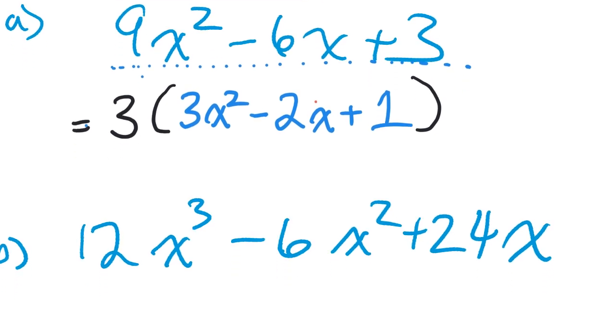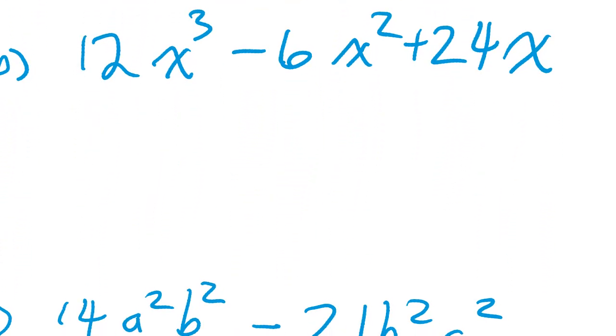Now let's move on to the next problem here. So this next problem is 12x cubed plus 6x squared plus 24x. The first thing we have to do is look at all 3 of these, and we're first going to look at the coefficients of 12, 6, and 24.